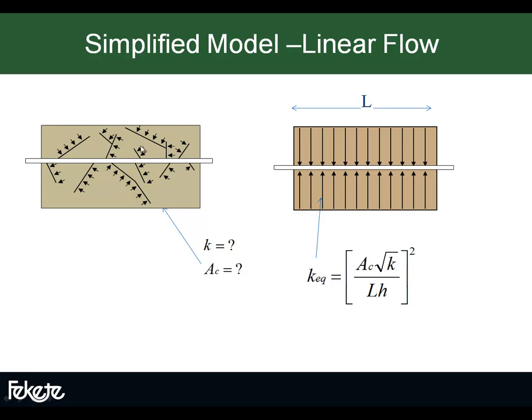But if we can assume that there's relatively uniform distribution and it's a homogeneous fracture network, we can easily replace this system, which is the real system, with this proxy model, which assumes that we have a basically homogeneous system with an equivalent permeability. And we make these two systems equal using this concept that A root K has to be constant for both of these systems. And the equivalent permeability is now the effective permeability within that stimulated rock volume.